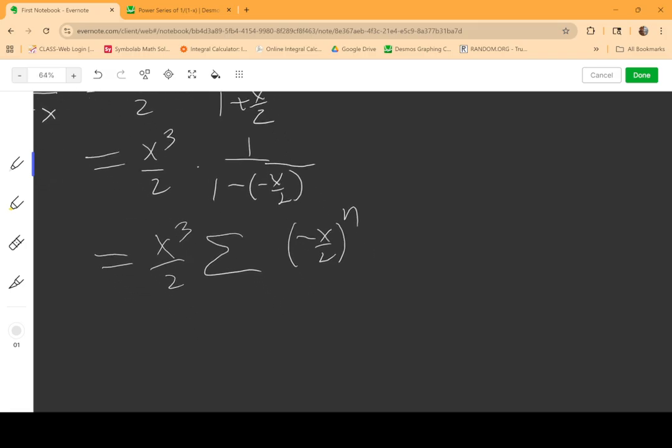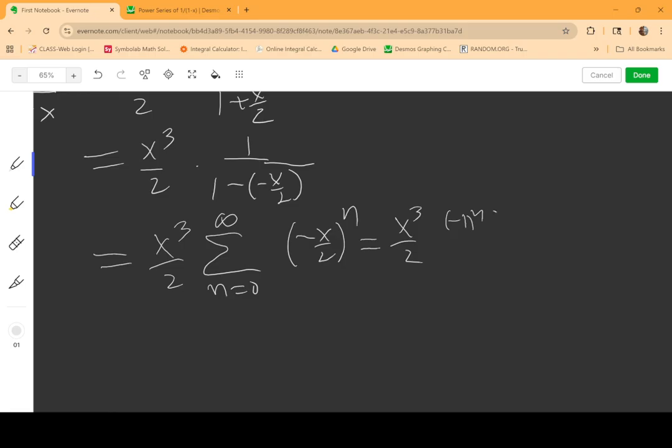And from here, writing it in power series form, I can rewrite this as x cubed over 2, the sum from n equals 0 to infinity of negative 1 to the n, x to the n, over 2 to the n.